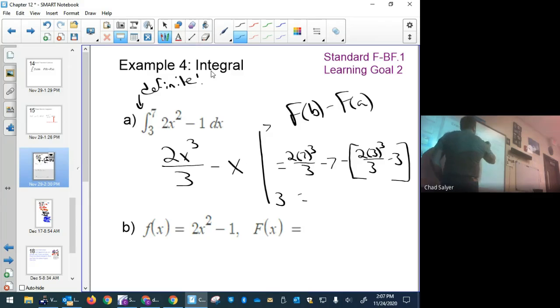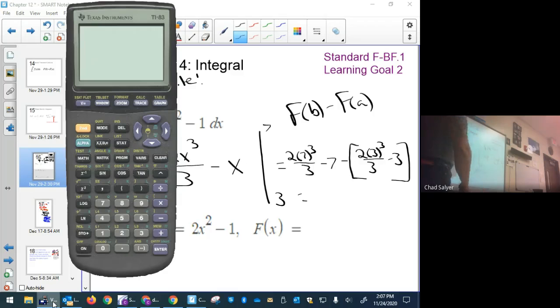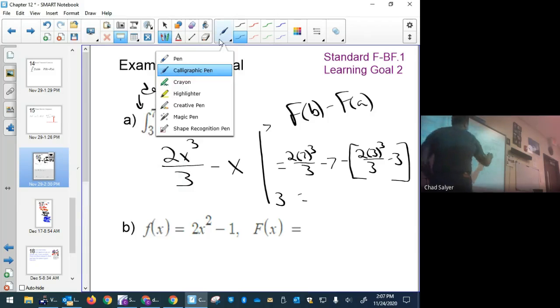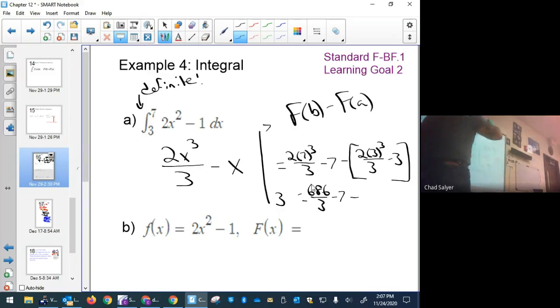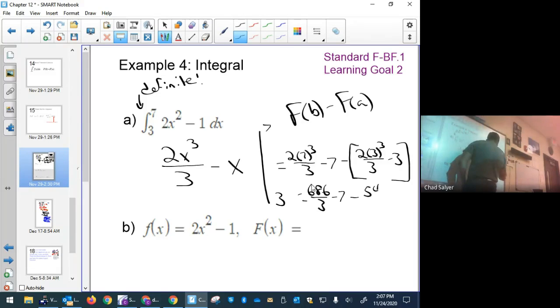Figuring this out, 2 times 7 cubed. 7 cubed is 343, I believe. Let me double check myself. Oops, not 37 cubed. 343 is right. Times 2, 686. 2 times 3 cubed. 3 cubed is 27. 2 times that is 54.